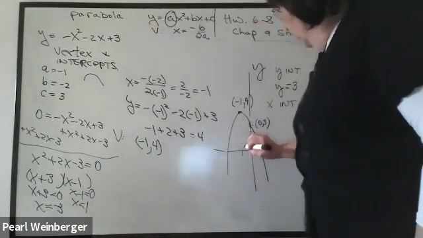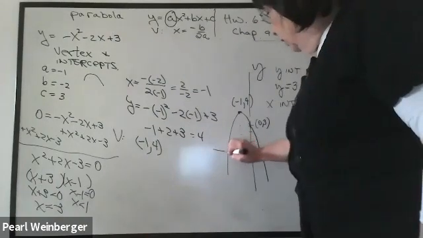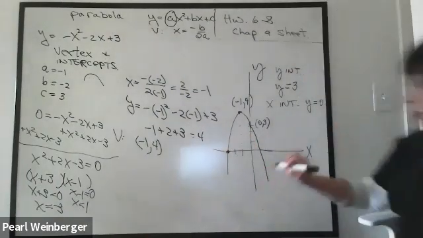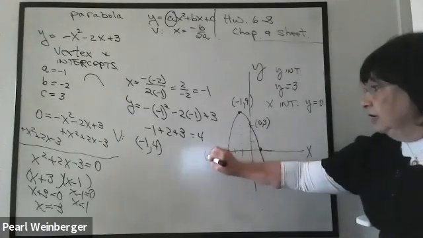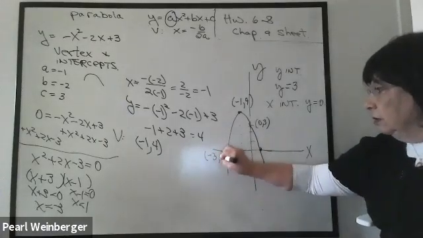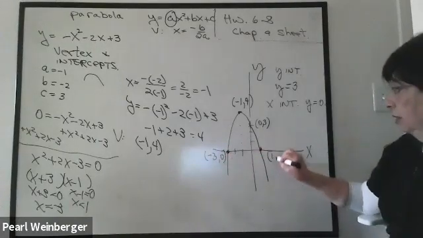X equal negative 3, and the y-intercept is 3 right here. This is negative 3, 0. And this is 1, 0.